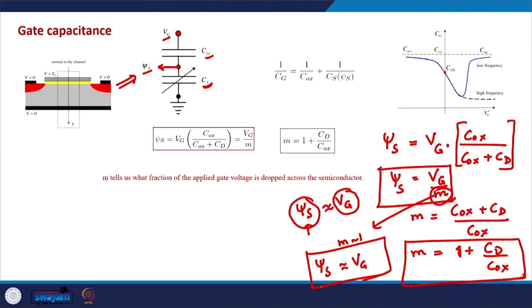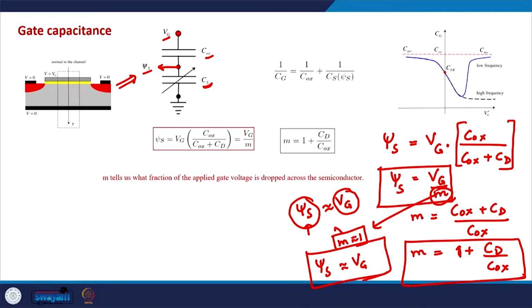It means that most of the gate voltage is dropped across the semiconductor, so the external voltage we apply on the gate is totally used to deplete or invert the MOSFET, or to create the inversion layer. So, ideally we would like m to be as close to 1 as possible always.